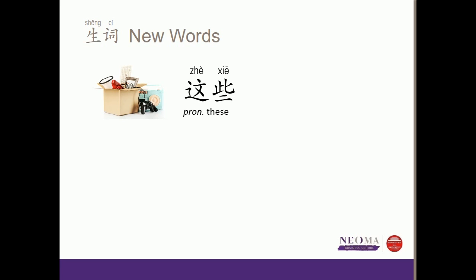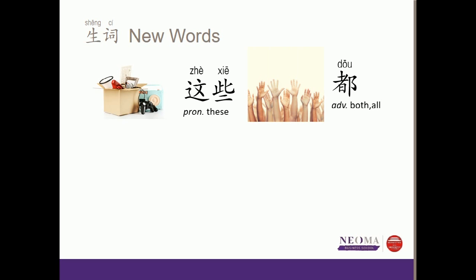So 这些 means this, some stuff close to this conversation. And if the stuff we're talking about is far from this conversation, we're going to use 那些. Second one, the adverb 都 means both or all. We will put this in the grammar point to explain one more time.